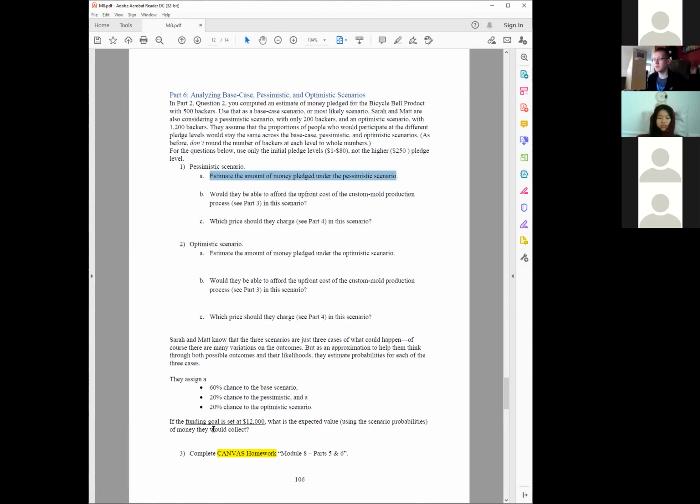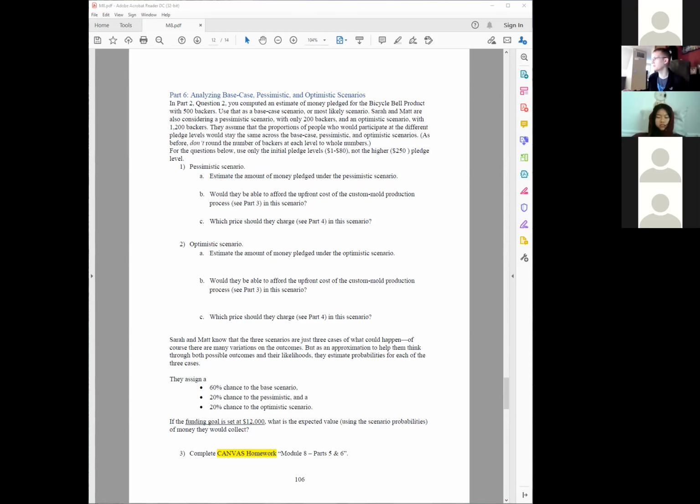They're asking the expected value of money collected. And remember from part 1, the only difference between pledged versus collected is if you don't meet the funding goal, you collect 0, because the website Kickstarter would just send it back to everyone. And so you're going to use those numbers in your final calculation of this last expected value.